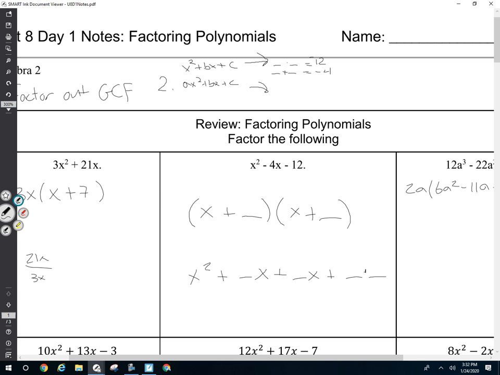And since we know these 2 will add, that is why we come up with this number puzzle. What are the 2 numbers that add to get negative 4 and multiply to get negative 12? Everybody think about it and find it.